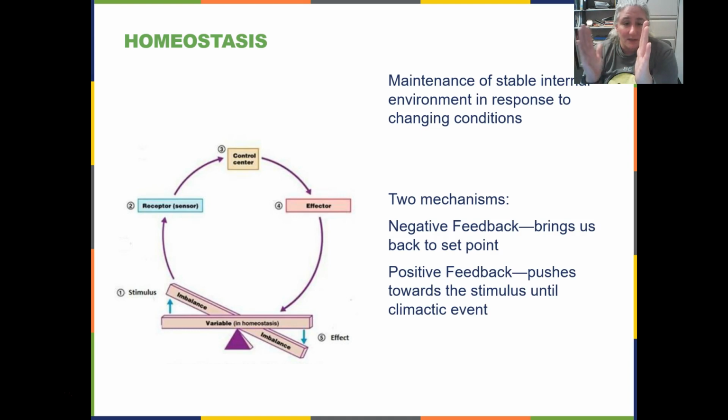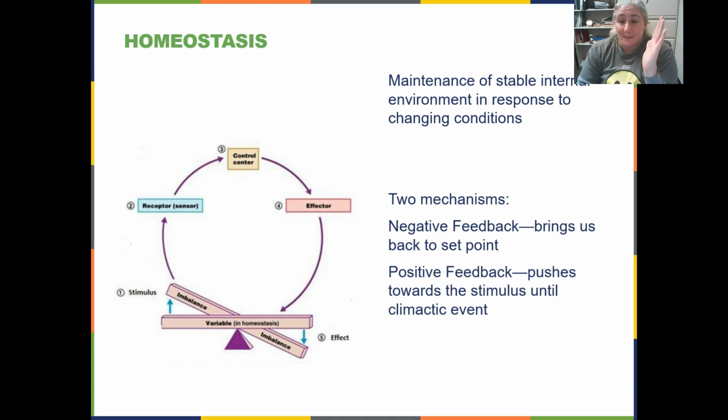It starts, some stimulus starts to move that set point away from homeostasis, or that variable away from homeostasis. With negative feedback, we're just going to oppose that set point, or that variable, and bring it right back to where it's supposed to be. That's negative feedback. We oppose the change and bring it back.